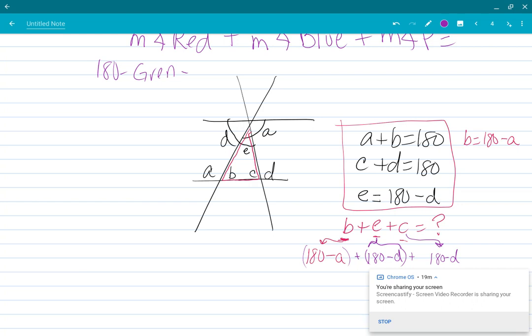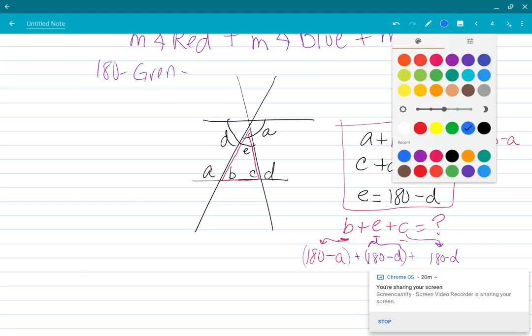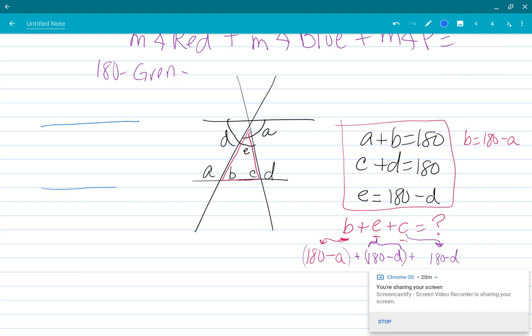So you're going to have 180 minus B. So if we knew the number for A, we would find B. And since we know that E and C are the same, we could just subtract B from 180.